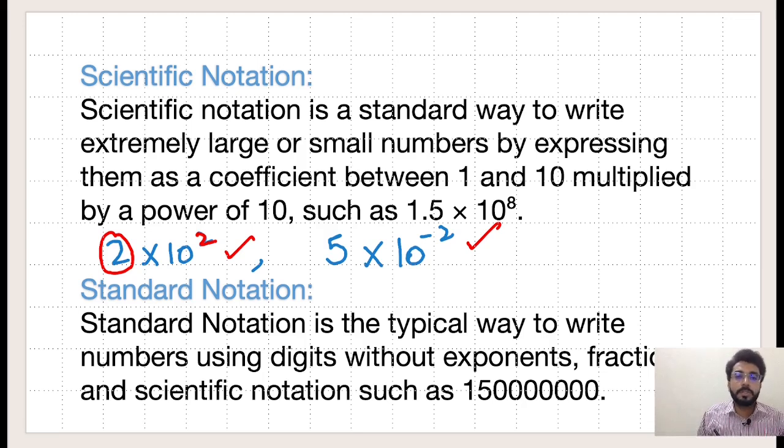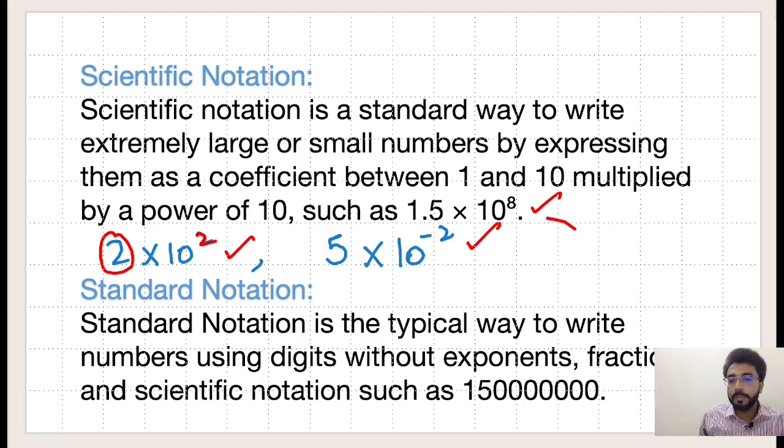Standard notation is a typical way to write numbers using digits without exponents, fractions or scientific notation. For example, 1.5 times 10 to the power 8 is a scientific notation, but how can we write this number in standard notation?